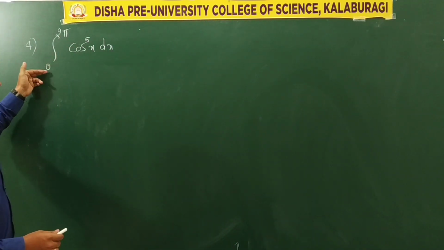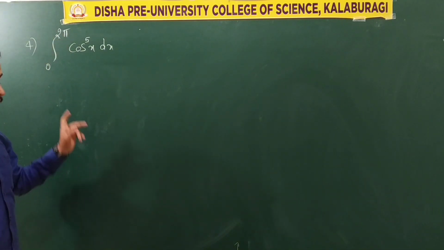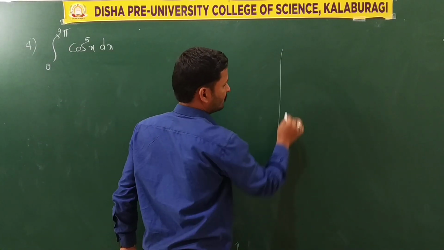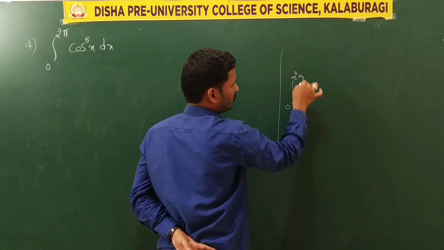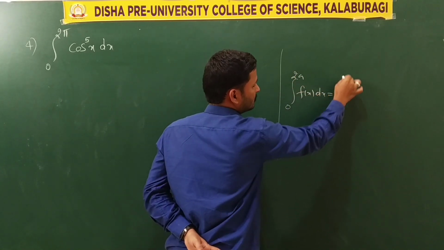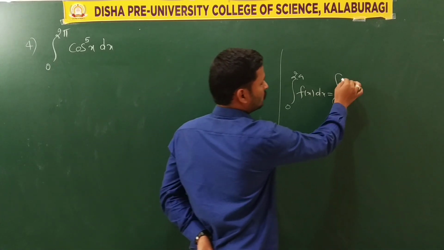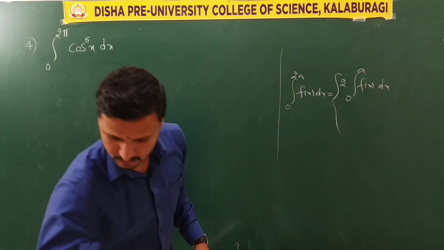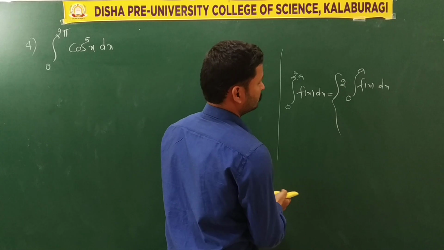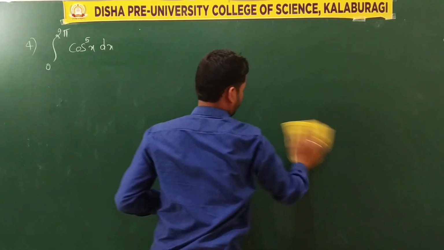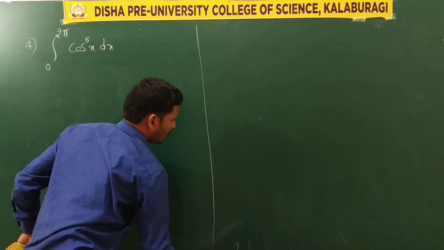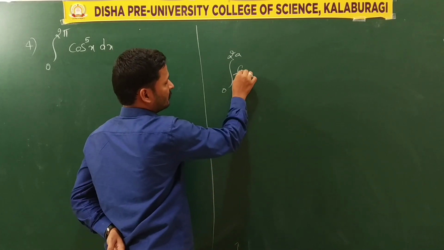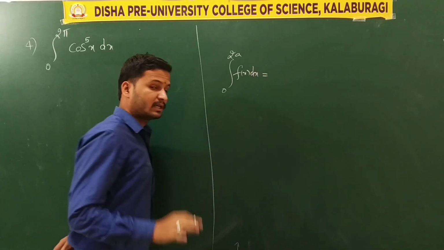So this looks like an integration from 0 to 2a. Correct? Integration from 0 to 2a f of x into dx. There are two possibilities. Correct? So integration from 0 to 2a f of x into dx is equal to, there are two possibilities.